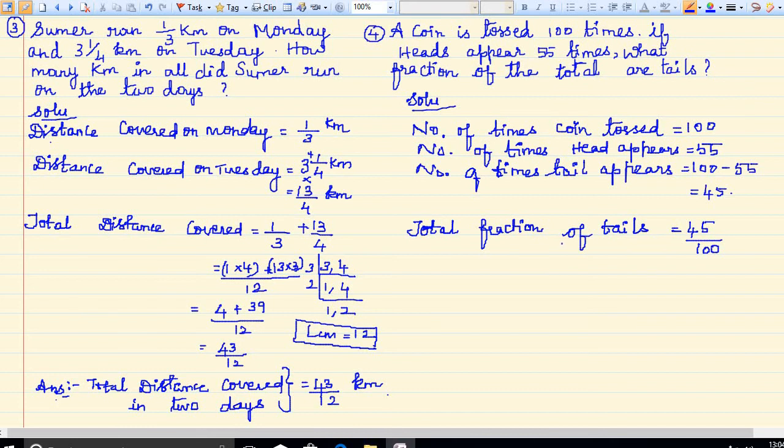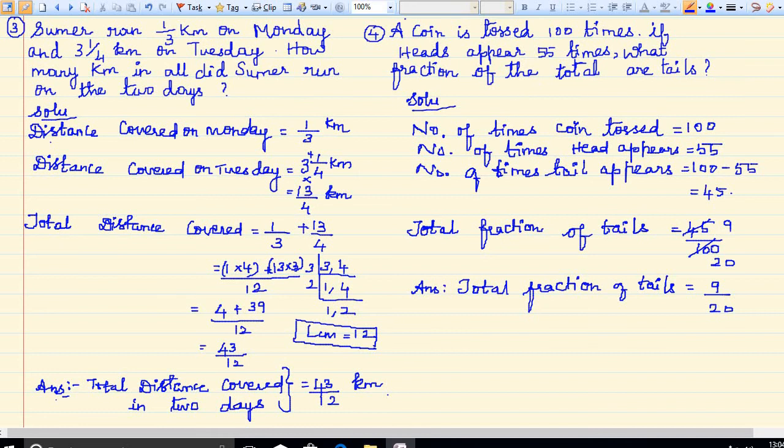So, the number of times tail appears divided by total number of times coin tossed. See, this I can cancel. 5 9s are 45. 5 20s are 100. So, my answer is total fraction of tails is equal to 9 by 20.